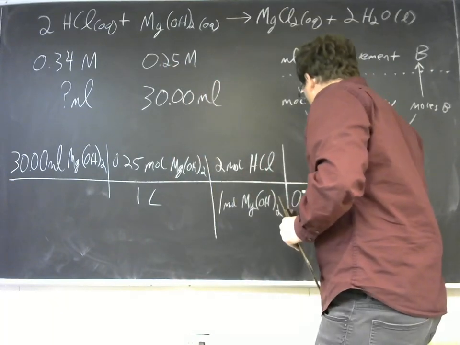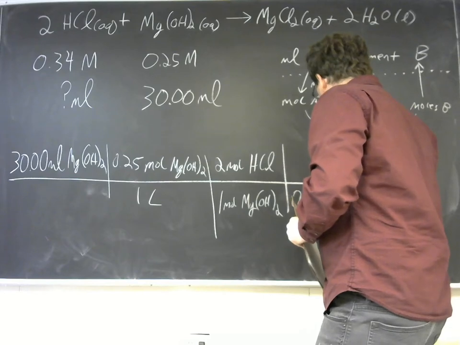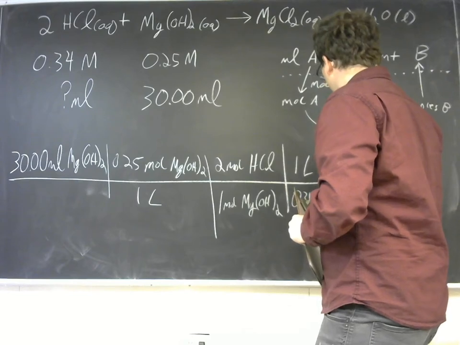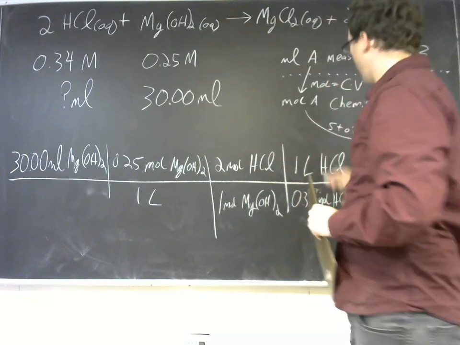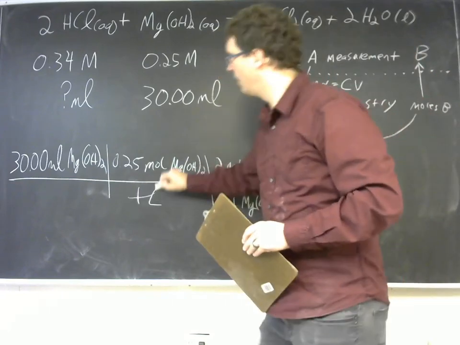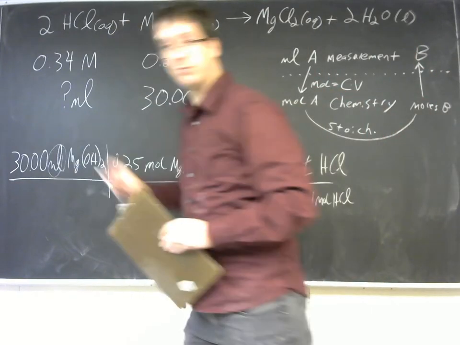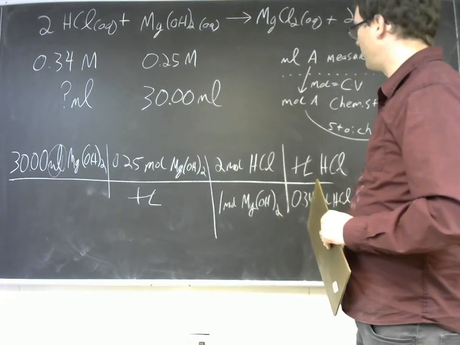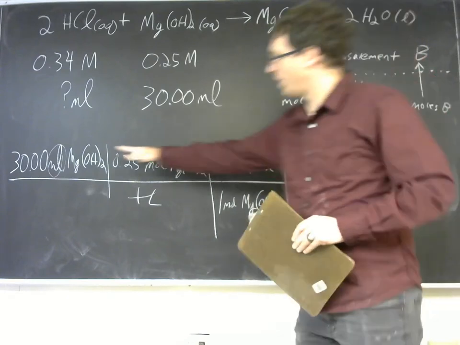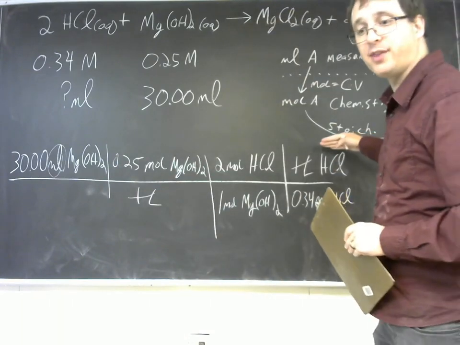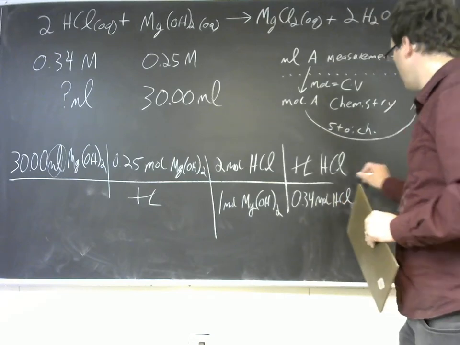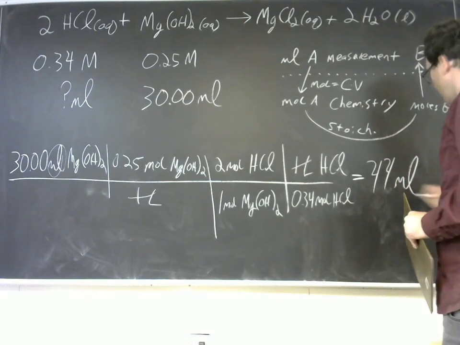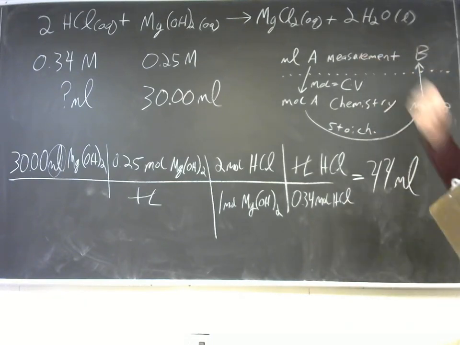So 0.34 moles of HCl is 1 liter of HCl. And so here you see how the liters will cancel out and we'll actually be left with units of milliliters. And so we never needed to make that conversion. If we wanted to, we could divide by 1,000 here and then multiply by 1,000 there, but that's just a waste of everybody's time. So what does this equal to only 2 sig figs? That's 44 milliliters. That's the volume of hydrochloric acid.